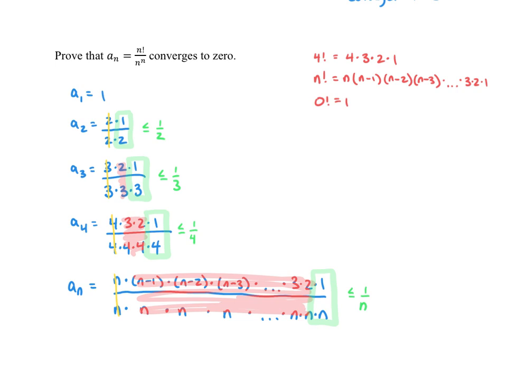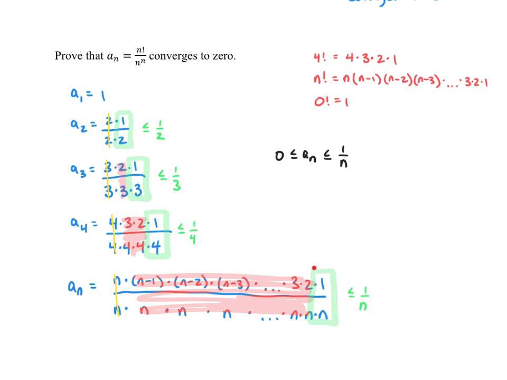Now, because of our terms, n is going to be causing our terms to be greater than 0. What we could say is that our sequence, a sub n, is always going to be greater than or equal to 0, but it's going to be less than or equal to 1 over n, which we've shown here at the general term.